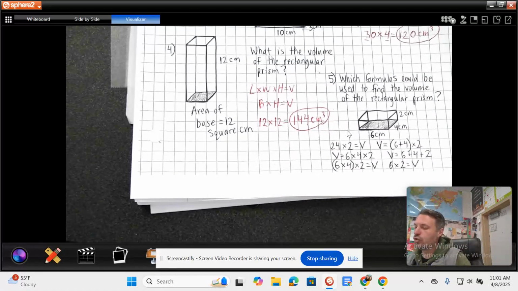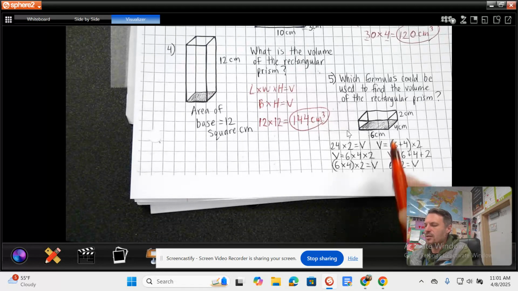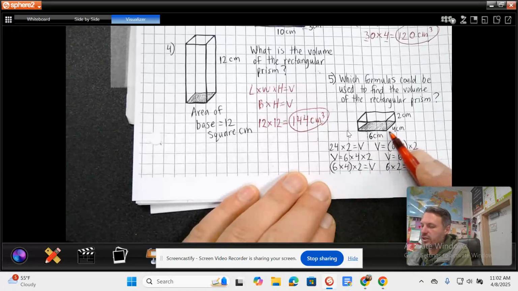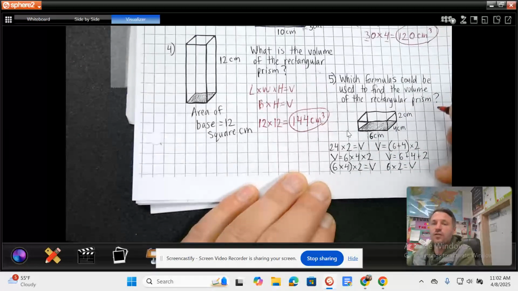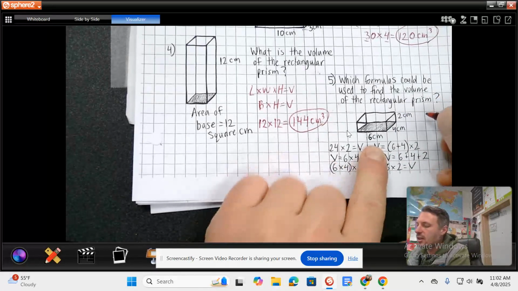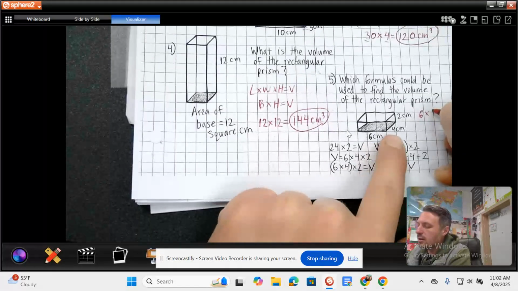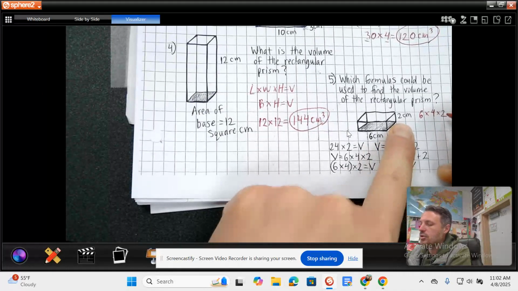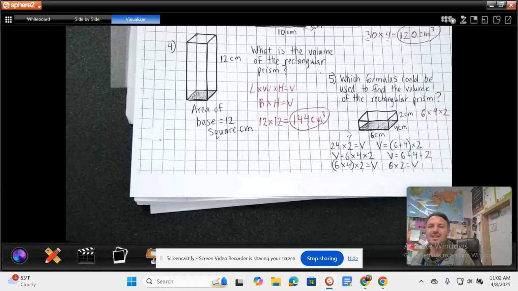Okay, number 5. Which formulas could be used to find the volume of the rectangular prism? It gives us the length, it gives us the width, and it gives us the height. So following length times width times height, we would do 6 times 4 times 2. Now, which of these would give us that same answer?